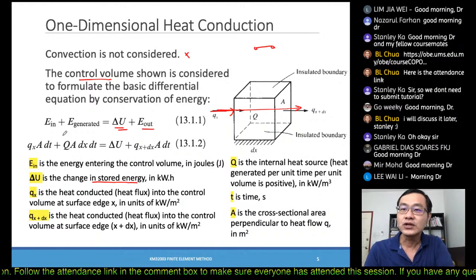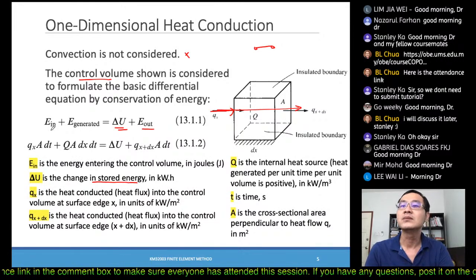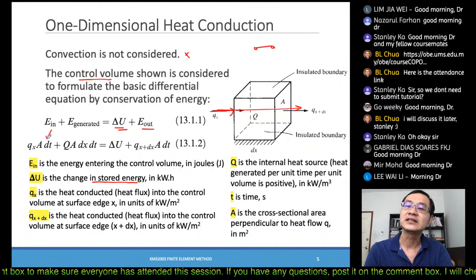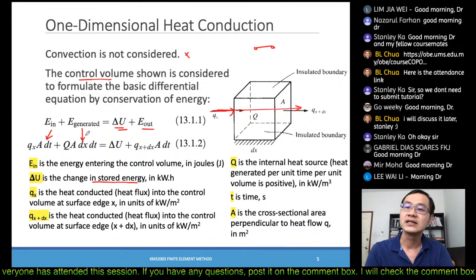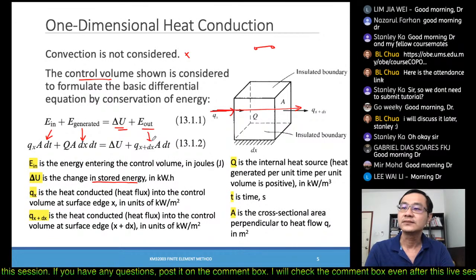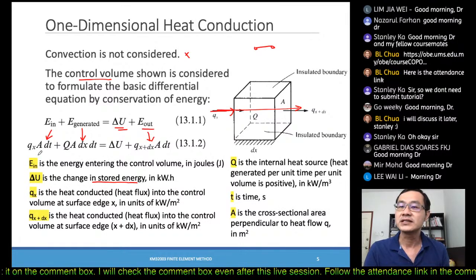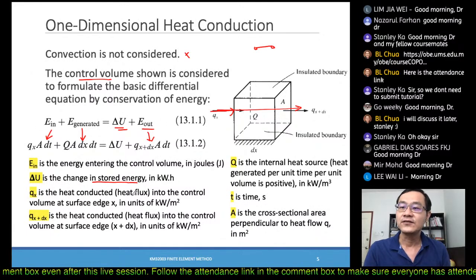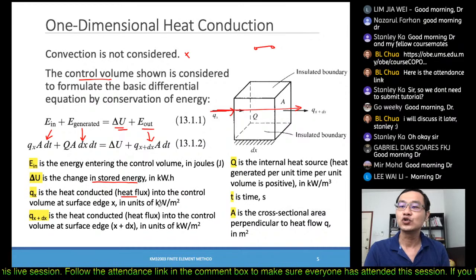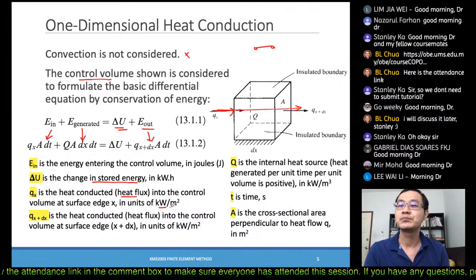If we form a more detailed equation, then this will be given as such. You can see that the energy in will be the heat flux, referring to the amount of energy per area.